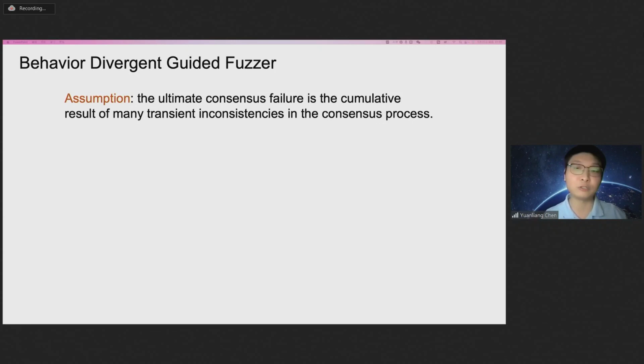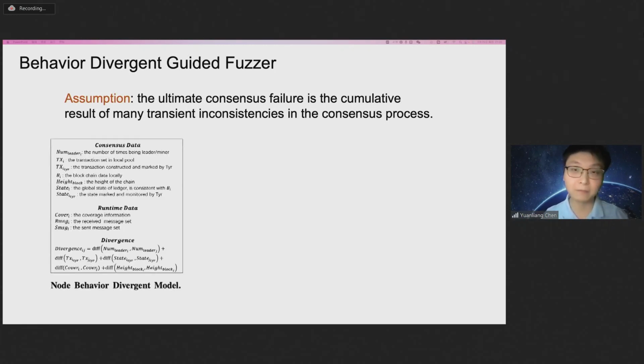However, a key assumption here is that eventual consensus is the cumulative result of many transient inconsistencies in the consensus process. So TIA processes behavior divergent guided fuzzing to constantly generate plenty of messages and make the nodes in the system behave as differently as possible.